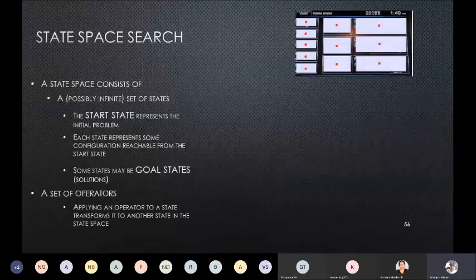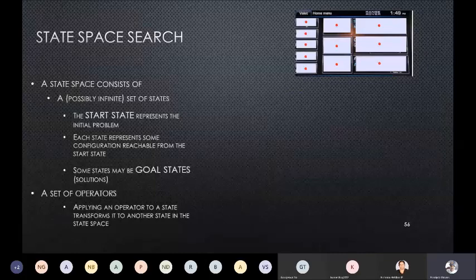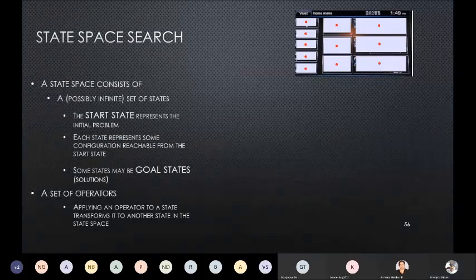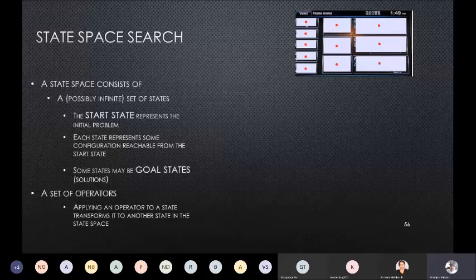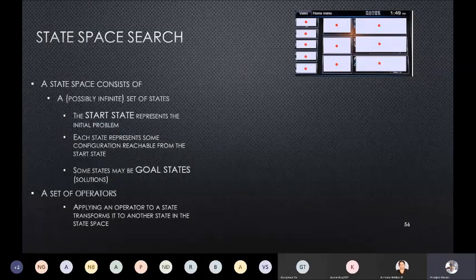Let's see how. So here we are giving an example of defining this state space. And of course, remember that for this particular problem, this may not be the only possible solution, but this happened to be a very working solution. So our state space consists of a possibly infinite set of states or a very big number of states.